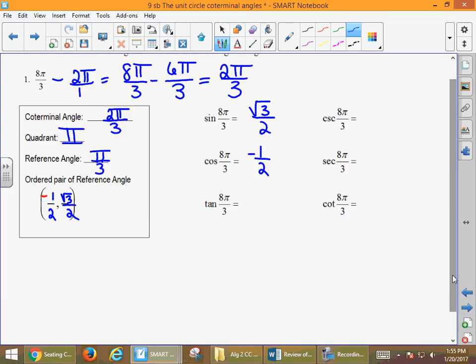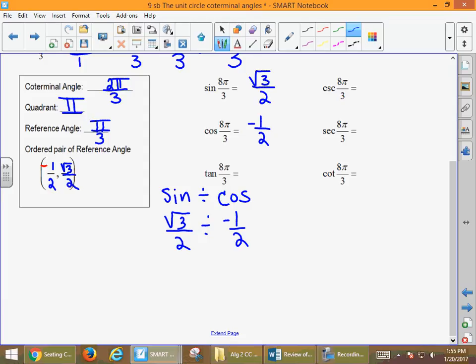But remember that what he was talking to you about yesterday is that tangent is sine divided by cosine. I like to go old school. You don't have to. But sine is radical 3 over 2. And cosine is the negative 1/2. When dividing, don't ask why, flip the second one and multiply.